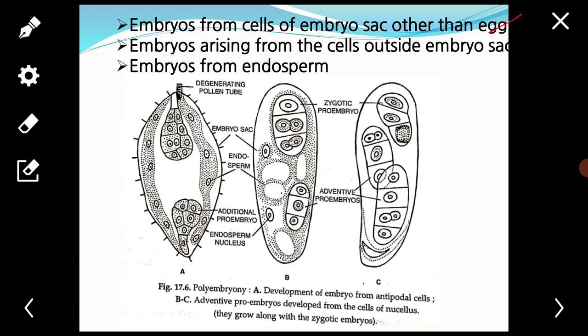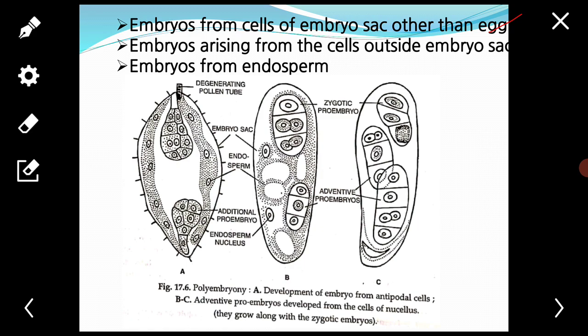In Argemone mexicana and Phaseolus vulgaris, the additional embryos may appear from unfertilized synergids. Such embryos produced from unfertilized synergids are haploid in nature.